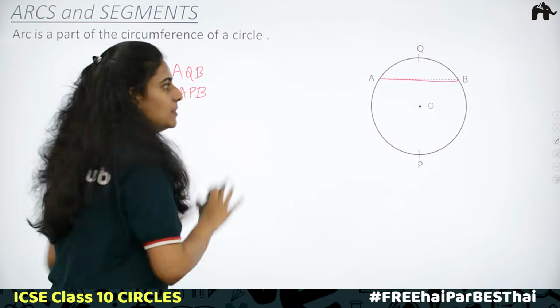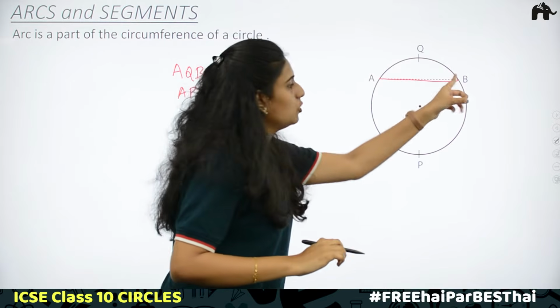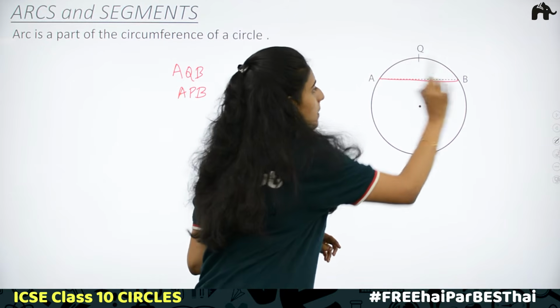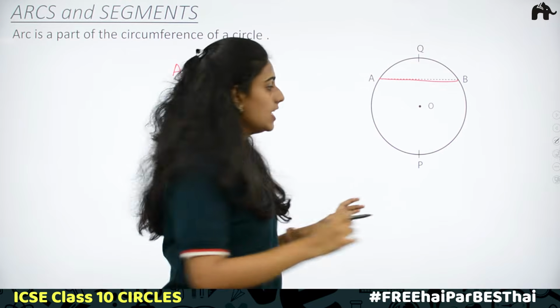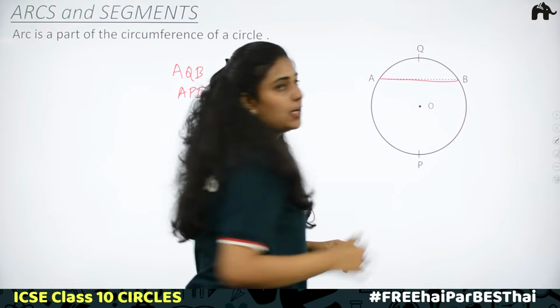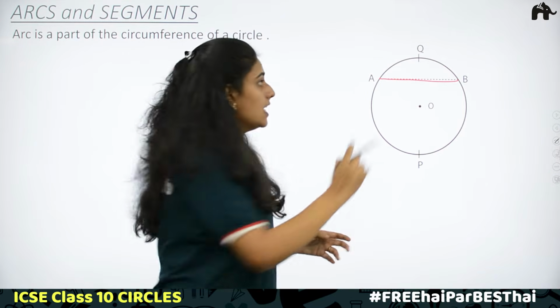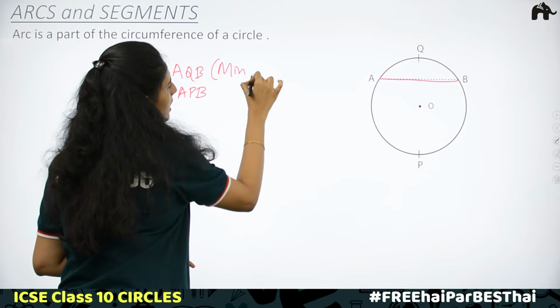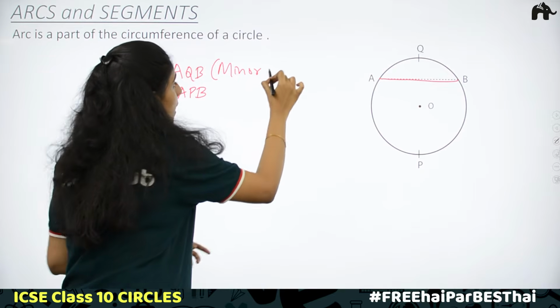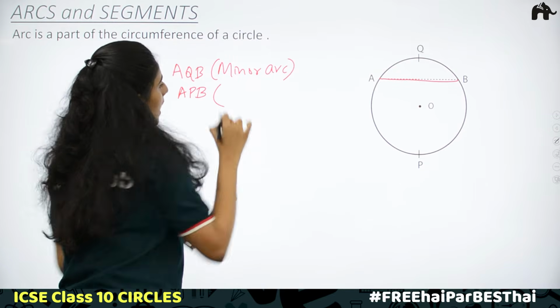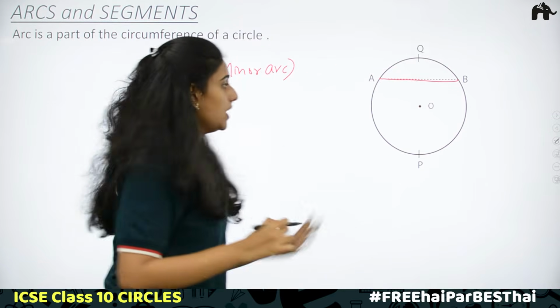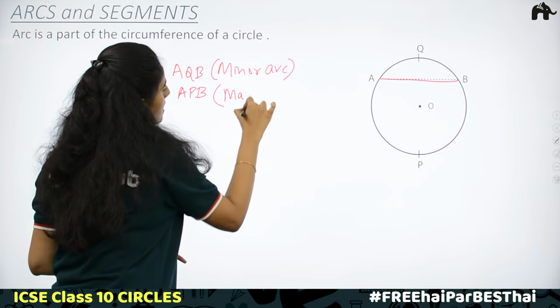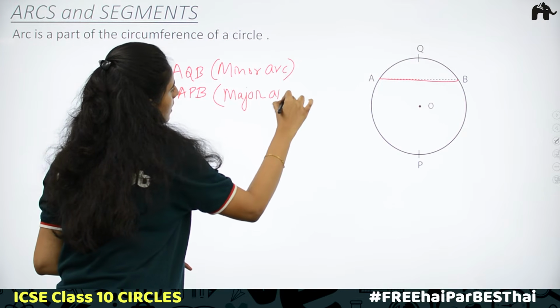So, in simple words, AQB is the small part of the circumference of the circle and APB is the bigger part of the circumference of the circle. This AQB we call the minor arc. Minor means small. Minor arc. And the bigger arc APB we call the major arc.